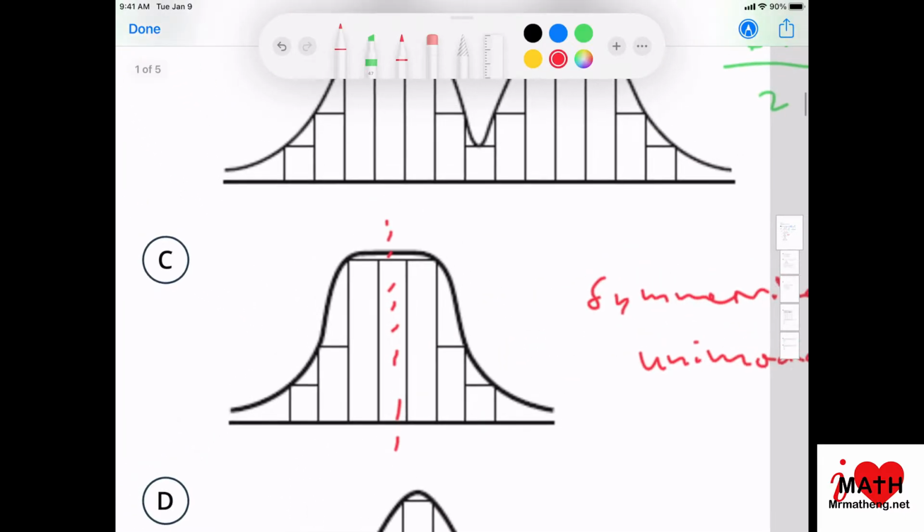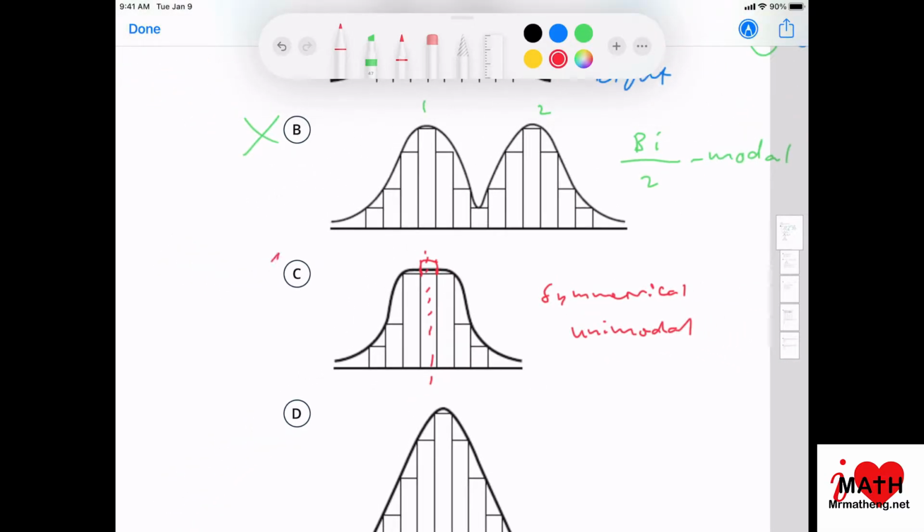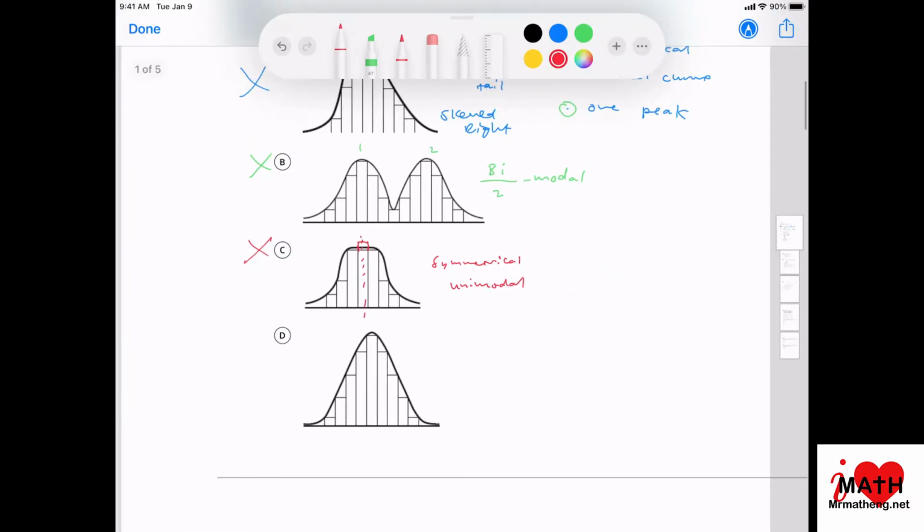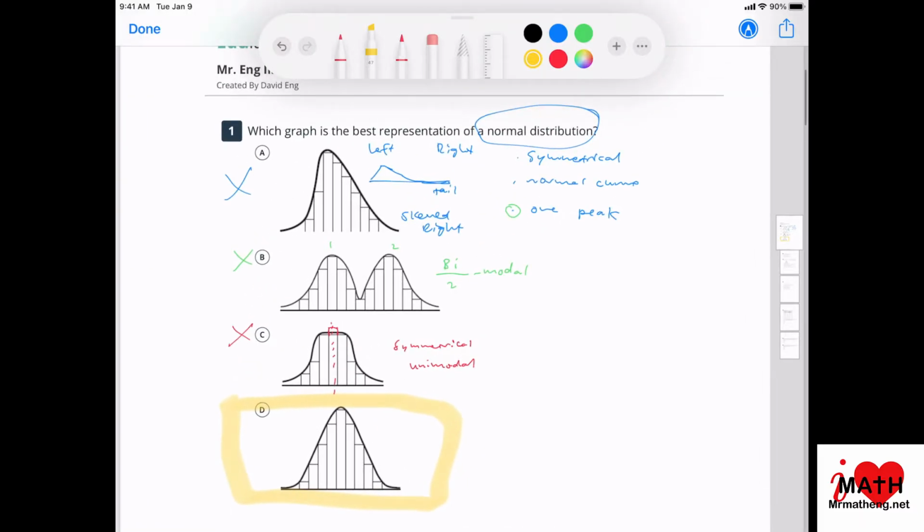But you'll notice right here, there should be a kind of going up right there, so not C. Our correct answer is D. D here meets all of these criteria.